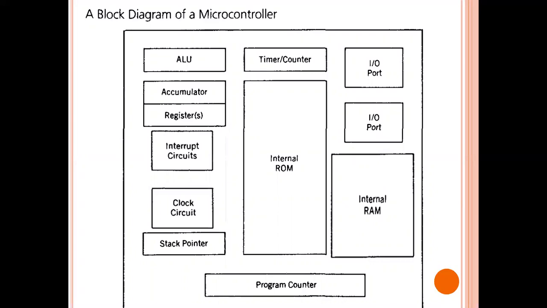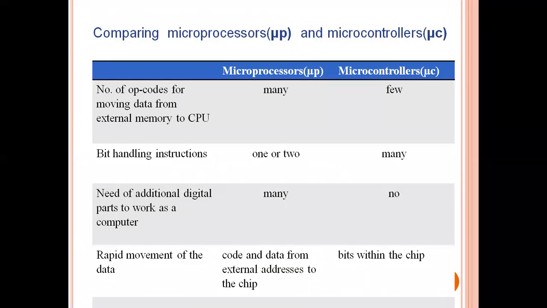Now, using this knowledge, we will compare the microprocessor with the microcontroller. Look at this table. We are comparing the microprocessor with the microcontroller with the help of 4 parameters. Let me explain these 4 parameters. First one, the number of opcodes for moving data from external memory to CPU. So how many opcodes, how many instructions are present with the CPU to move the data from external memory to CPU.